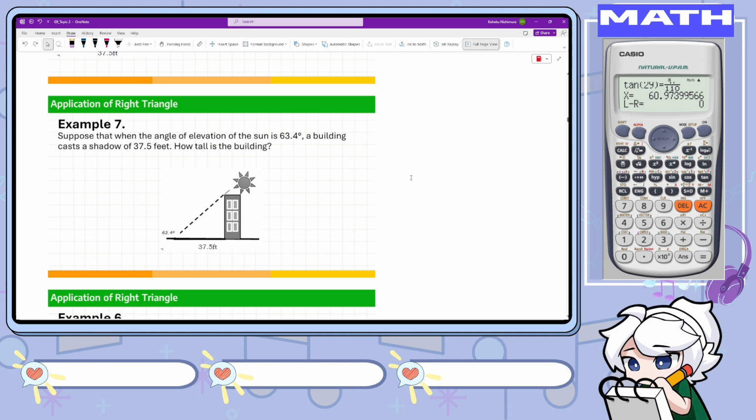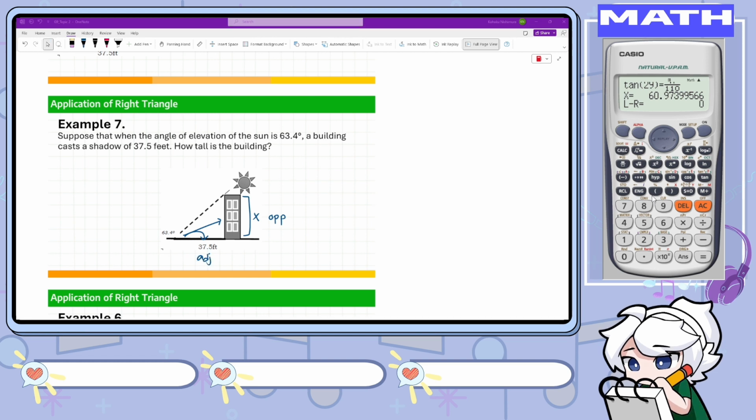Suppose that when the angle of elevation to the sun is 63.4, a building casts a shadow of 37.5 feet. How tall is this building? Let's set that as X. Again, the given are the opposite of the angle and the adjacent.